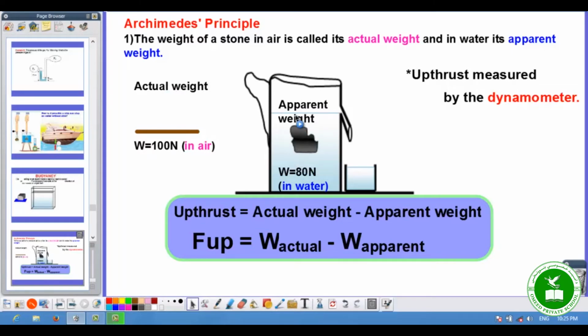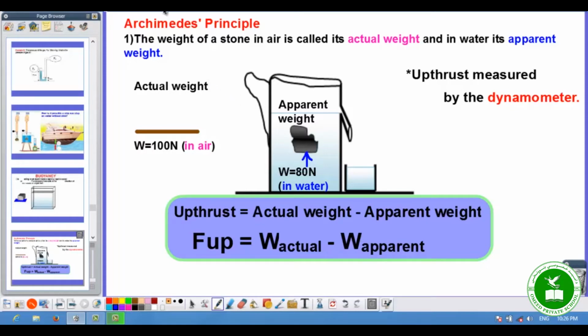Now Archimedes says that this upthrust force acting on the object will be equal to actual weight minus apparent weight. This way we calculate this upthrust force or buoyancy with the help of this formula. Upthrust force is equal to actual weight minus apparent weight. This is the first point in Archimedes principle.